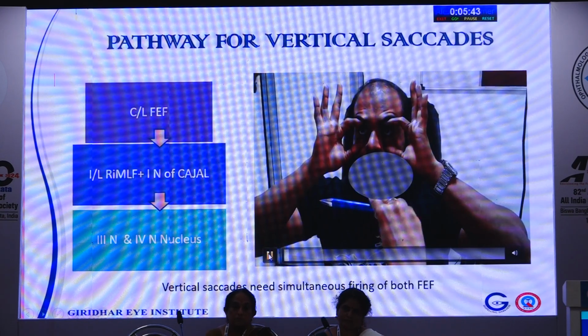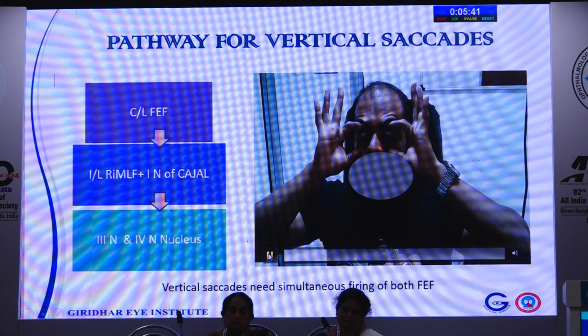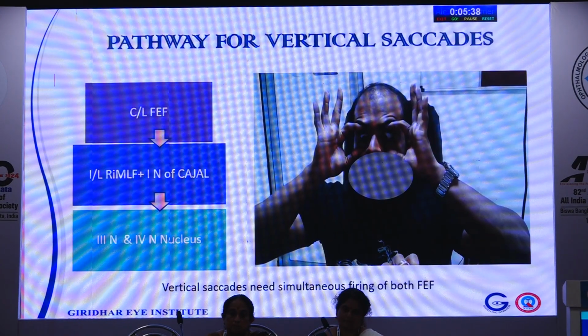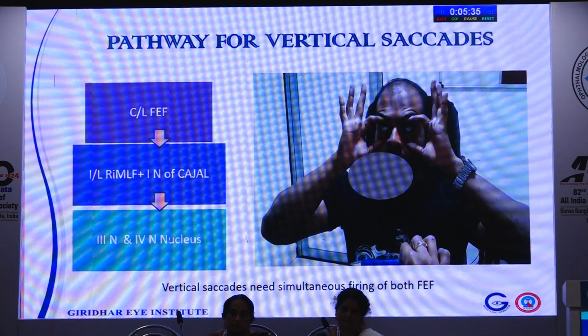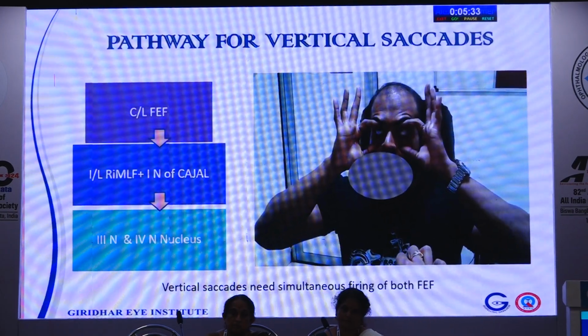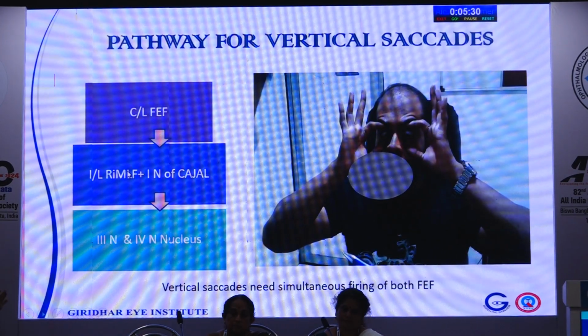To initiate vertical saccades, you need firing from both frontal eye fields, because saccades are generated from the frontal eye field. The command goes to the midbrain because it's a vertical gaze, so the rostral interstitial nucleus of the MLF and the nucleus of Cajal and the neurons of the 3rd and 4th nerve nuclei act, and you get a vertical eye movement.